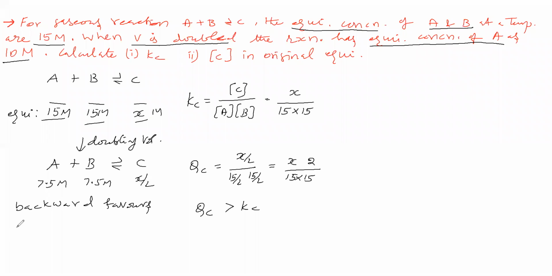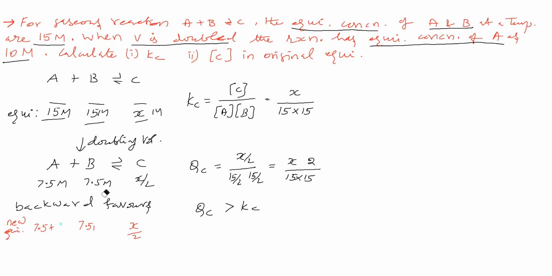Therefore, the system attains a new equilibrium after some time. A will be formed to some extent, therefore 7.5 plus X. B will be formed to some extent. That means how much A is formed, that much B is formed. C will disappear by that much. Here we have given X, and here also X, which will cause confusion, so we will change this term.